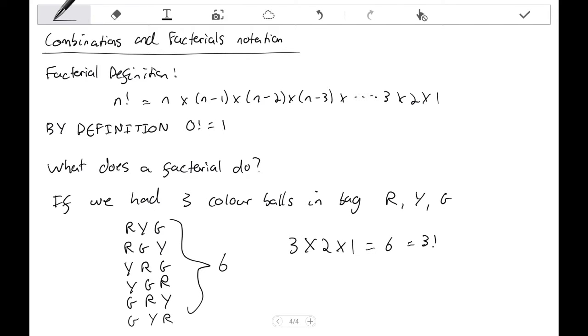So the number of combinations that those 3 balls could take is 3 factorial. So factorial tells us the number of combinations that a certain set could take. In this case, it was 3 colour balls, and there's 6 different combinations, which is 3 factorial. Okay, good.